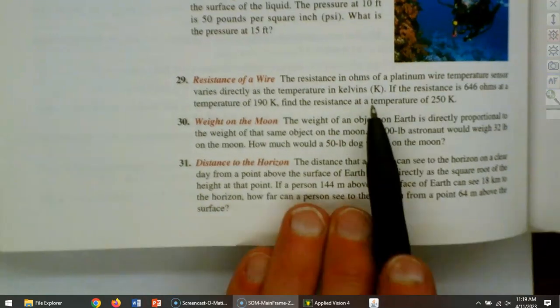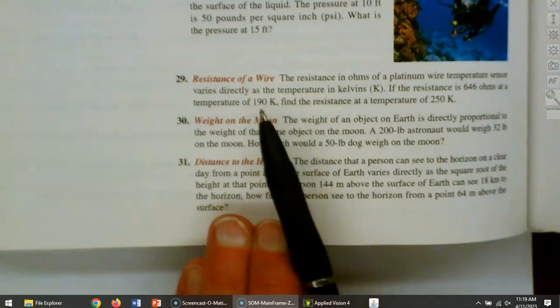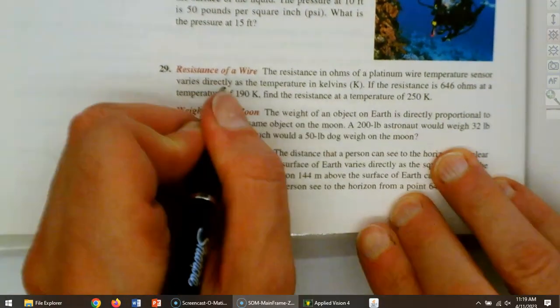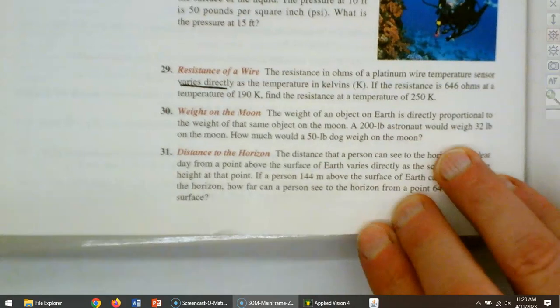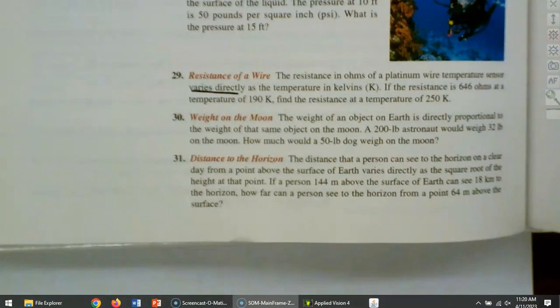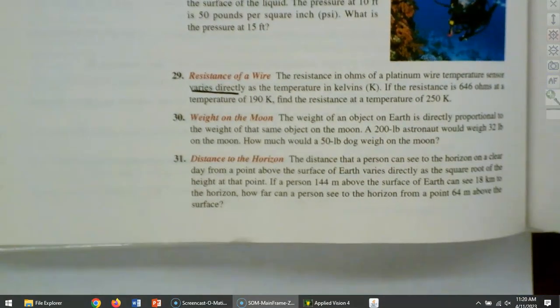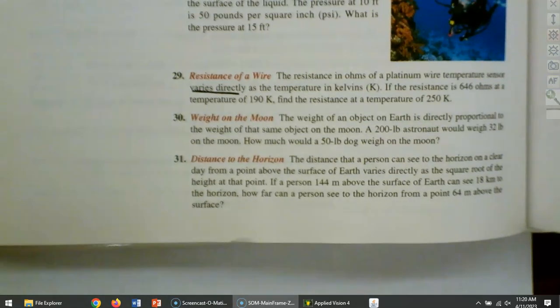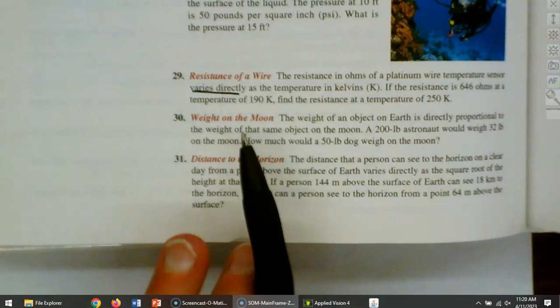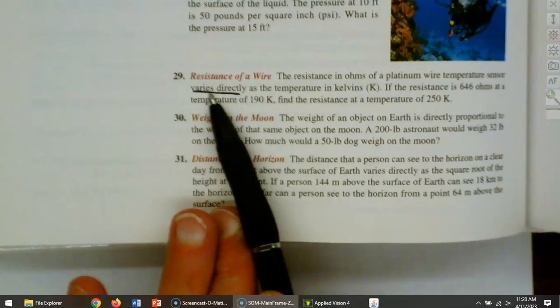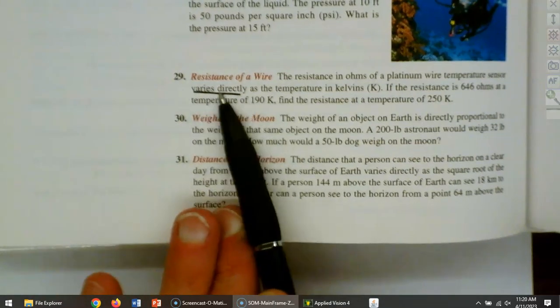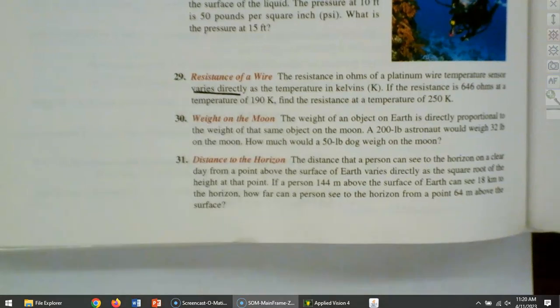So let's come up with our formula. Now we know it varies directly. When we read these, the first thing we look at is what is it? Is it direct variation? Is it direct variation to a power? Is it inverse or is it joint? It will usually tell you in the question with words what it is. So this varies directly, so that means one influences the other one.